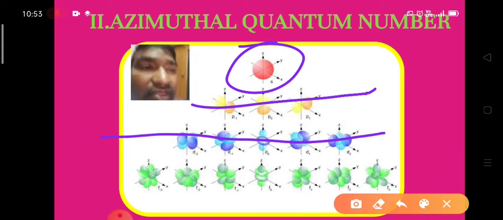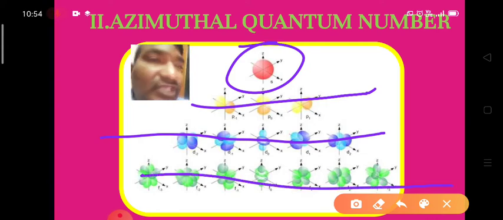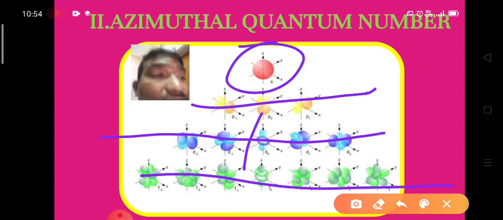And here we have the 7 f orbitals. Each d orbital has 4 loops, the f orbital has 8 loops, the p orbital has 2 loops, and the s orbital has no loops. It has only a spherical structure.